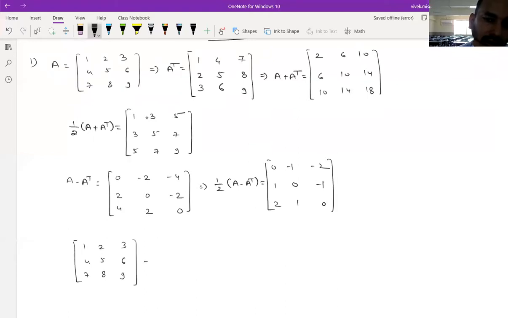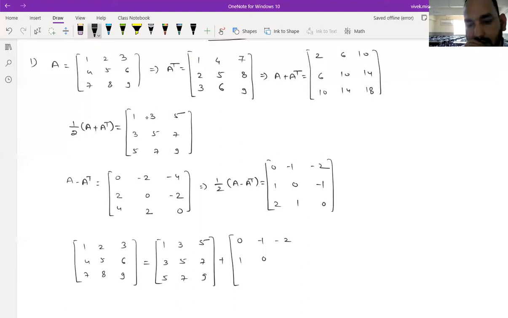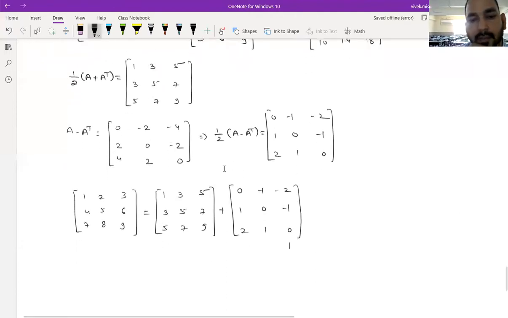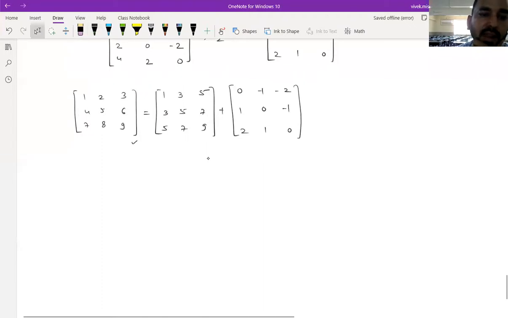I can write A as 1, 3, 5, 3, 5, 7, 5, 7, 9 plus 0, minus 1, minus 2, 1, 0, minus 1, 2, 1, 0. So I'm expressing this A as the sum of a symmetric matrix and a skew symmetric matrix.